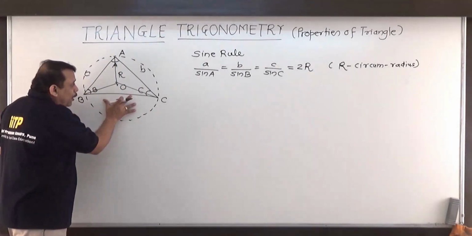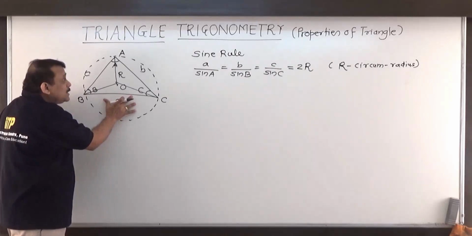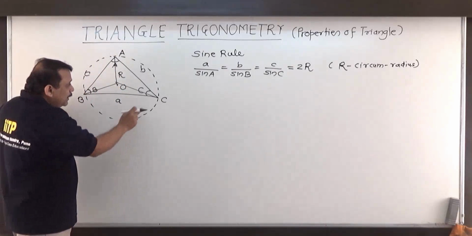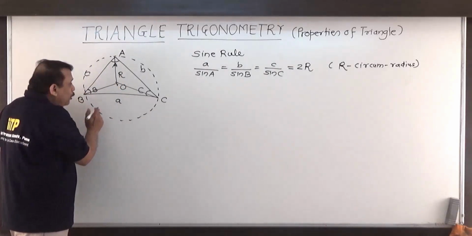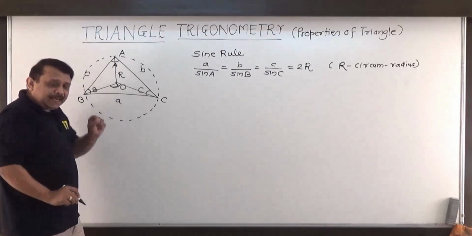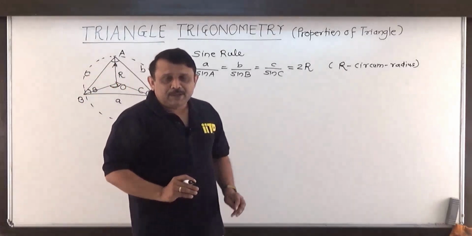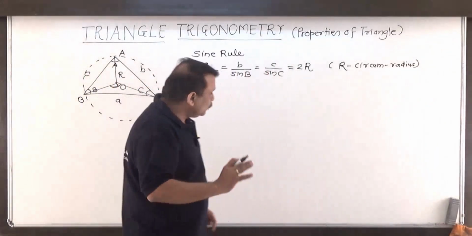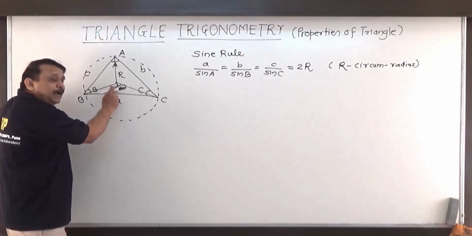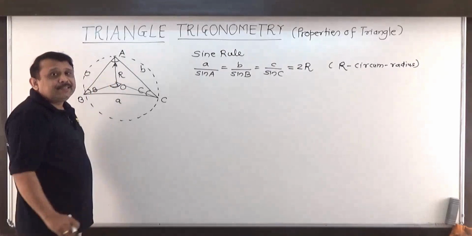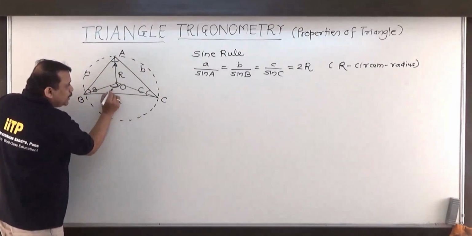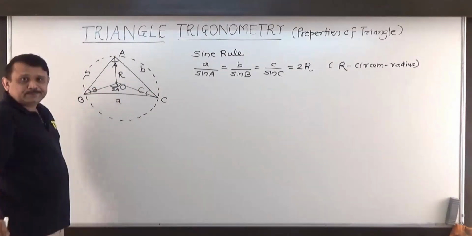So this chord BC subtends an angle A at the circumference, and this BC also subtends some angle BOC at the center of the circle. From the geometry, we know that the angle subtended by BC at the center is double that at the circumference. So if this is A, this must be double of A.